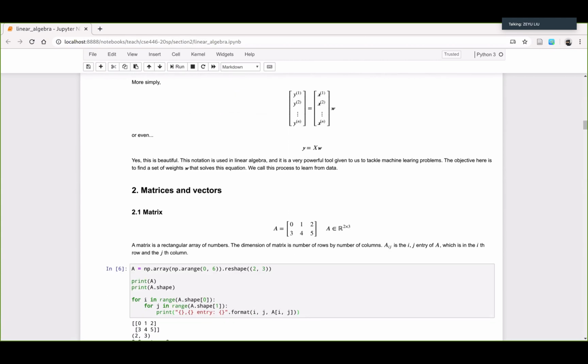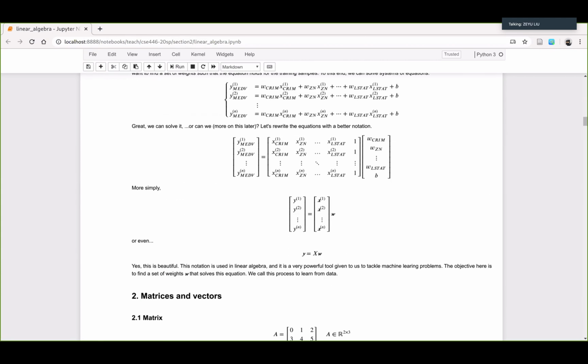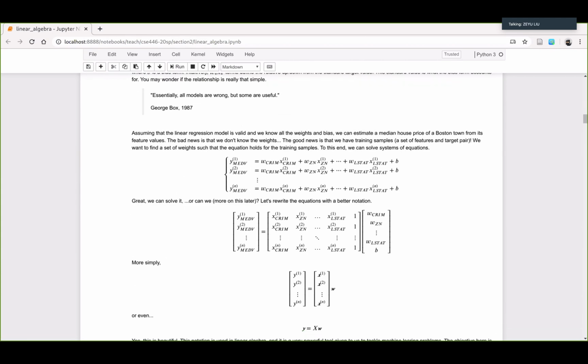So linear regression, as mentioned, will have the form y equals xw, where w is the weights. If it's a classification problem, then w will be the weights for just one class.